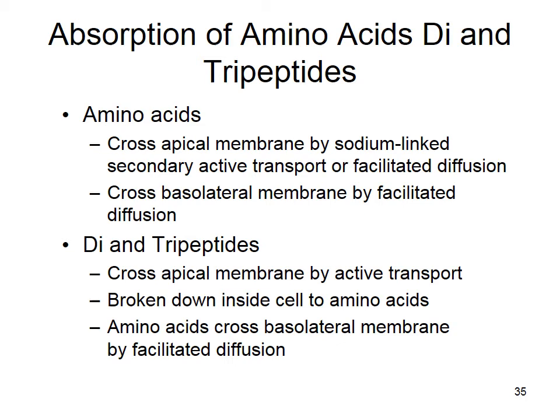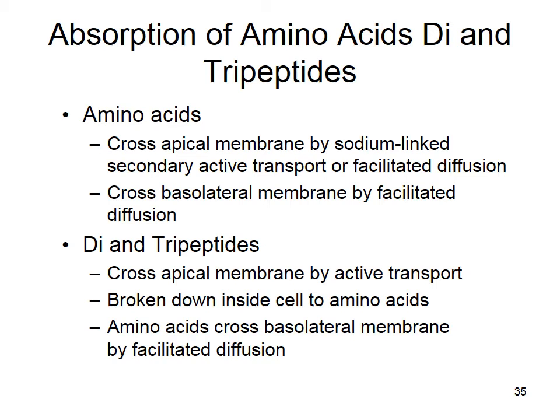Okay, so the amino acids that are essential, that we can't synthesize ourselves, usually get absorbed by secondary active transport, okay, because you want to absorb all of them. And then the ones that aren't essential because we can make them, so like glutamate, right, would move by facilitated diffusion across the apical membrane.